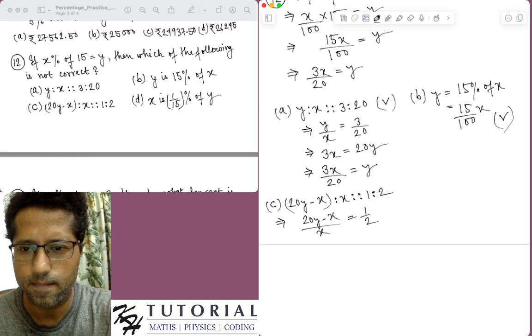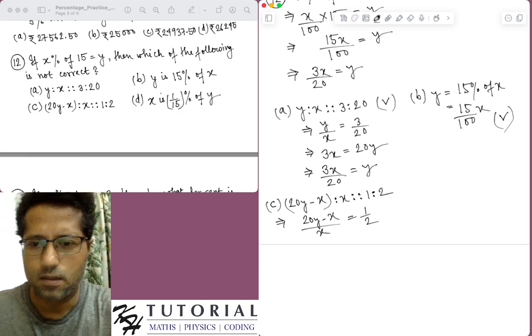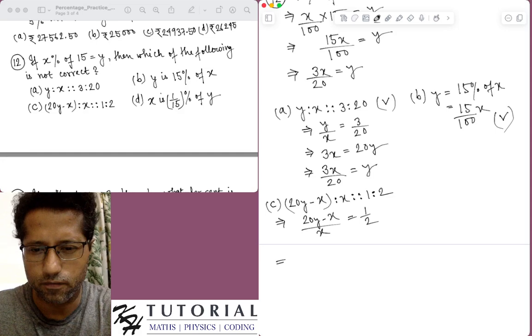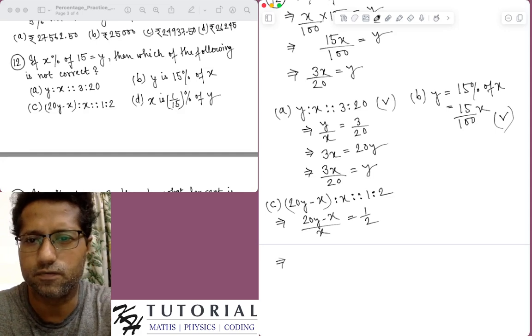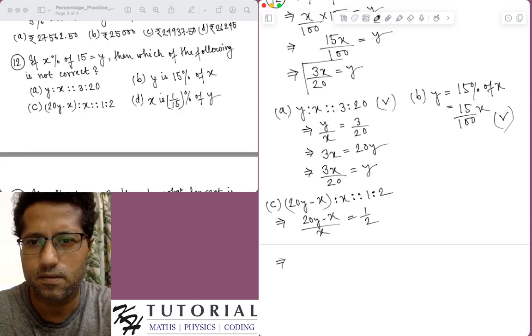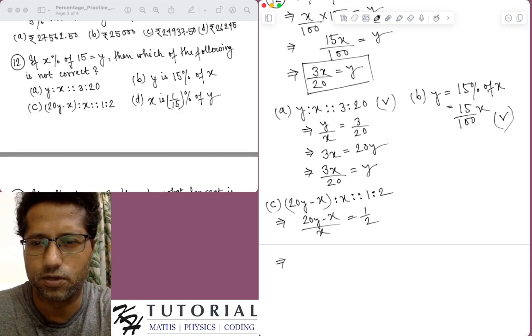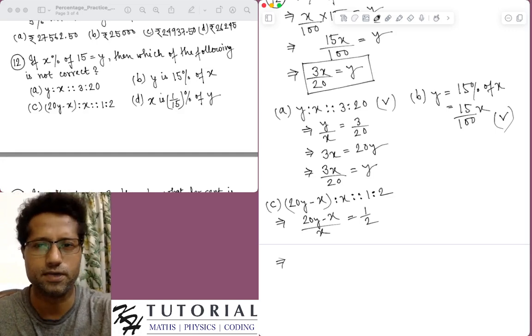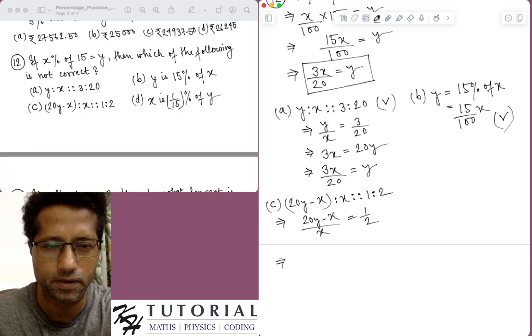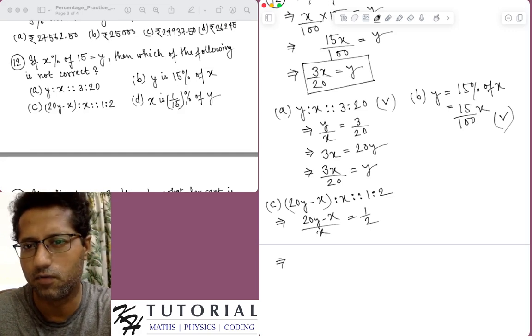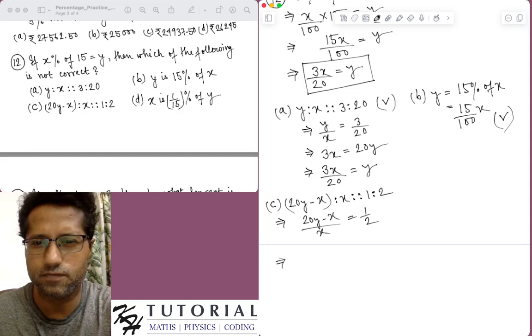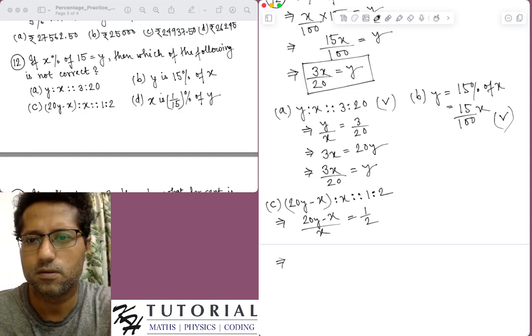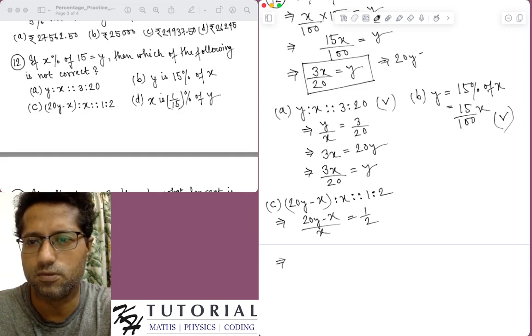Now from the fact that we originally got from the given statement, X percent of 15 equals Y, we get 3X by 20 equals Y. Now from this we can say that 20Y equals 3X, by doing cross product.